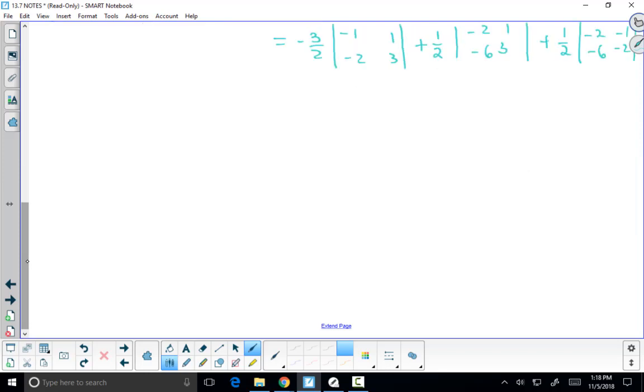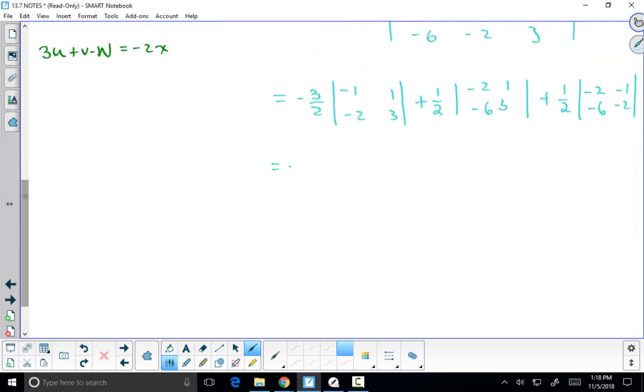So then our determinant, here we get -3/2 times -3 plus 2. -3 plus 2 is -1. Go to the middle. We've already changed the sign. That's how it got to be +1/2. And then it's -6 plus 6, 0.